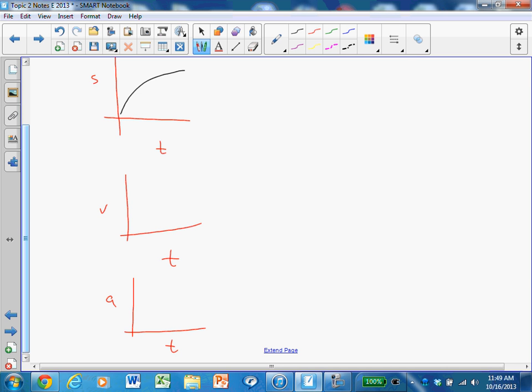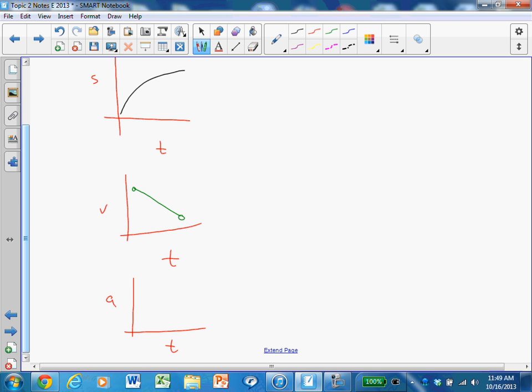The slope on the position versus time graph is the what? Velocity. So we can see that our velocity here is starting out steep, our slope is high, and going smaller. So our velocity is starting out up here and going down, right?